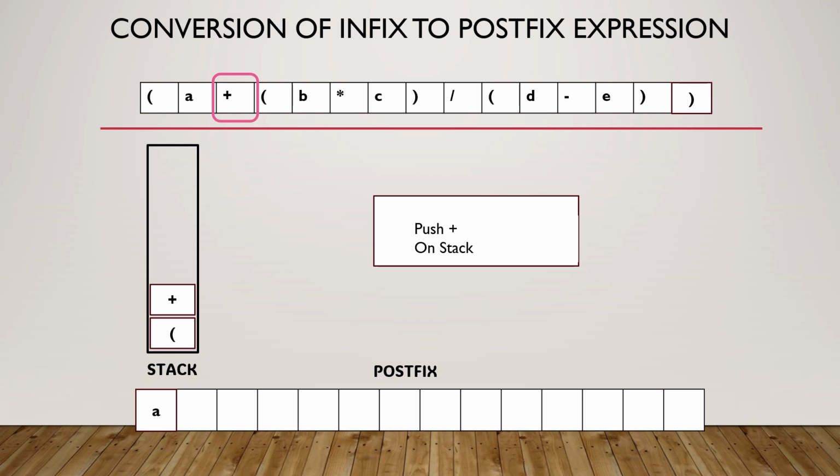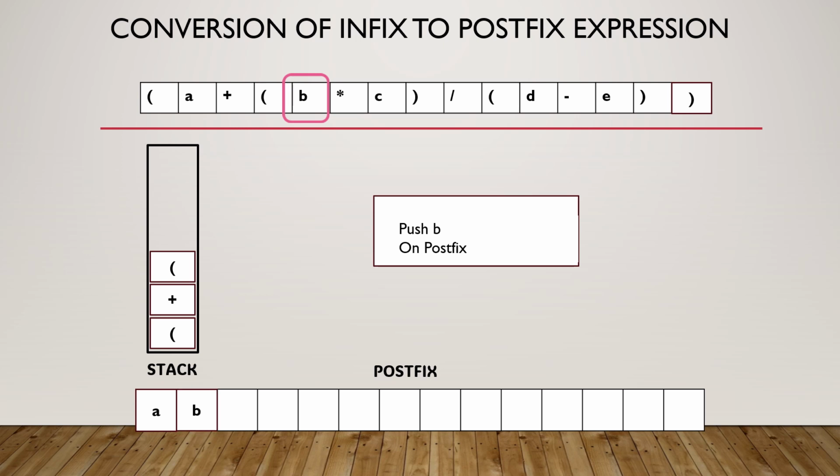Next is another bracket, and the bracket is also pushed on the stack. The next one is b, which is not an operator, so it directly goes to the postfix.